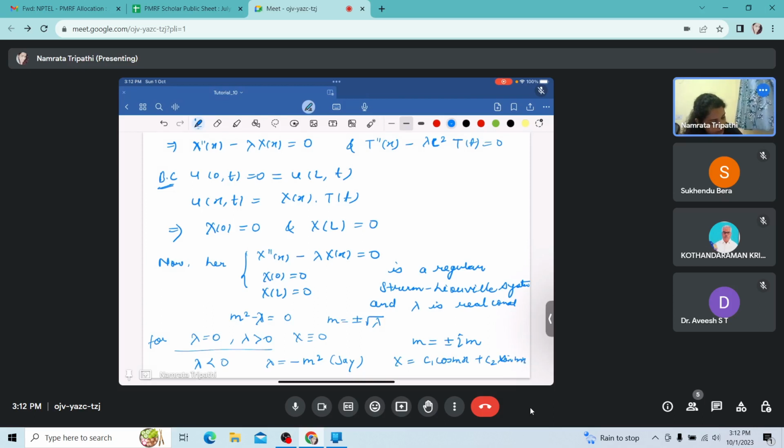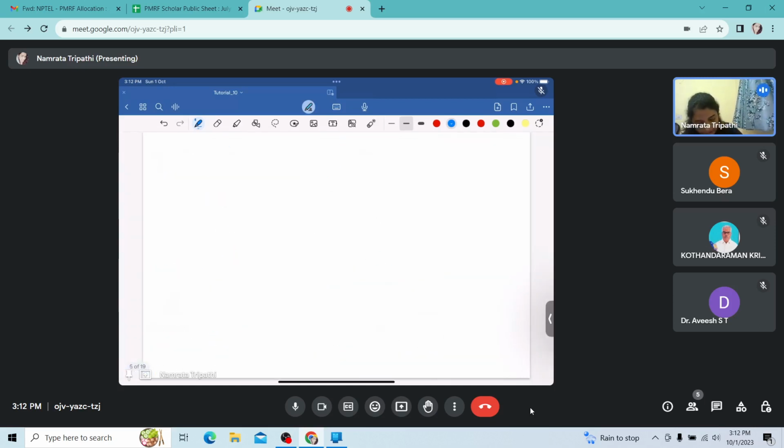Okay, and when you apply the boundary condition, then you will get c1 equal to 0. Fine. And when you apply the second boundary condition, then you will get the value of m. Okay, I'm writing for n.